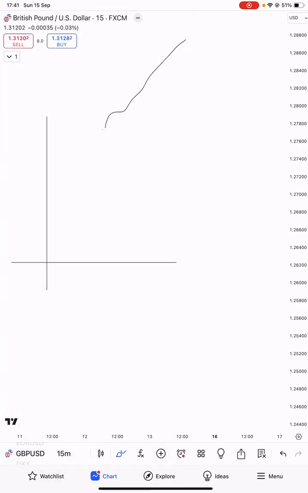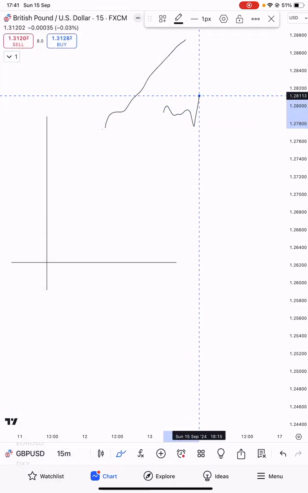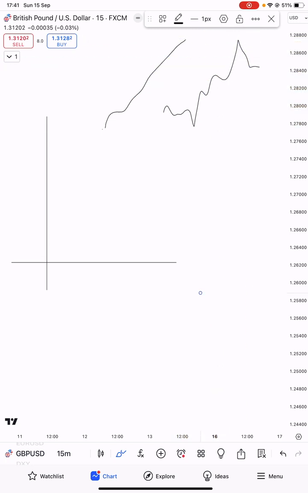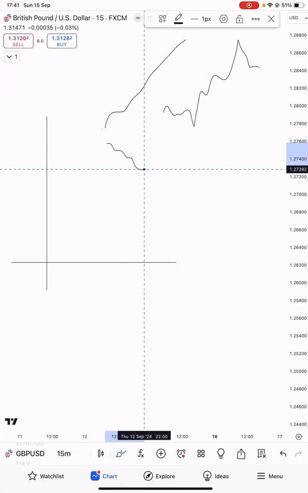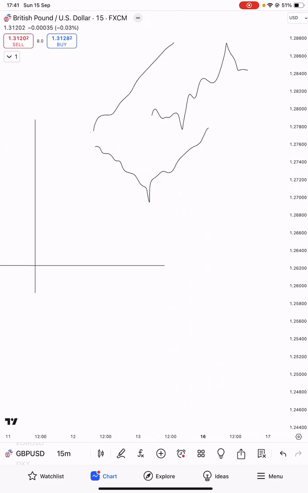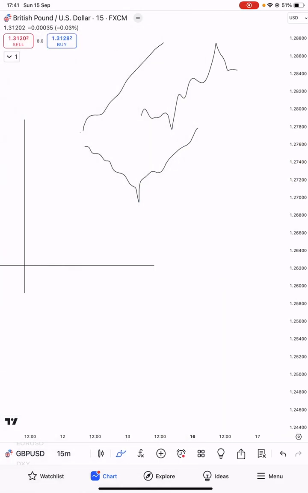Then we have classic buy, so Monday, Tuesday, Thursday, okay? Then you have a midweek reversal, so drop from the open, Wednesday hit a key level and reverse. And then finally you have a consolidation, Tuesday reversal.